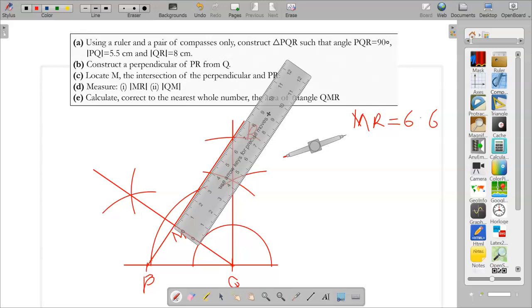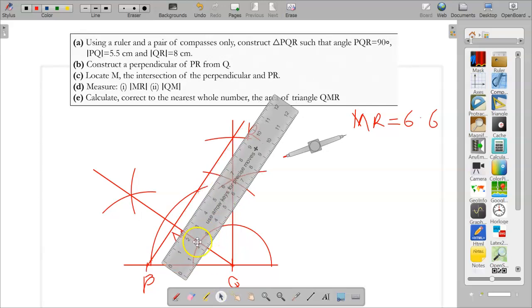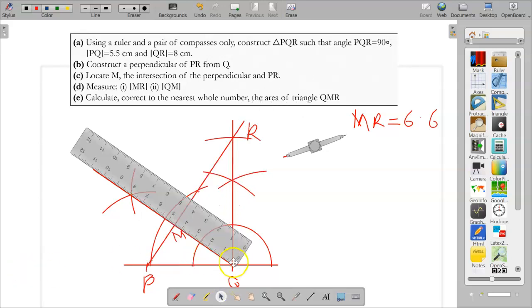Good. Then we have to measure MQ. So we move the ruler, and from here we can also read that from Q to M is 4.5. So QM is 4.5. Right. So we are done with question D.